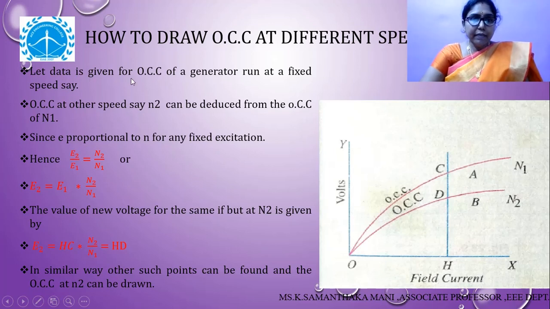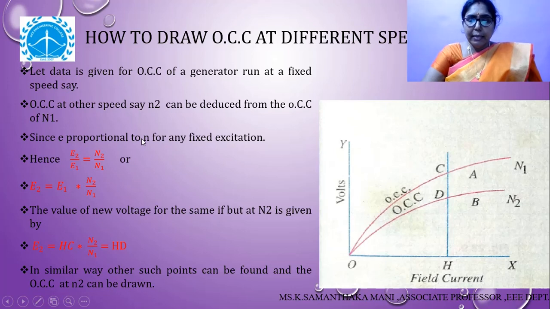Let the data be given as the OCC for a generator running at a fixed speed, say N1. Now we are going to draw the OCC at another speed, say capital N2, which can be deduced from the existing OCC of the particular speed N1, which is known to us. It can be calculated from the proportionality condition, where E is directly proportional to the speed.